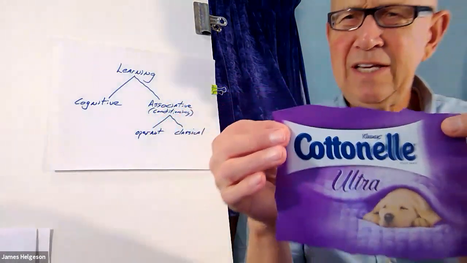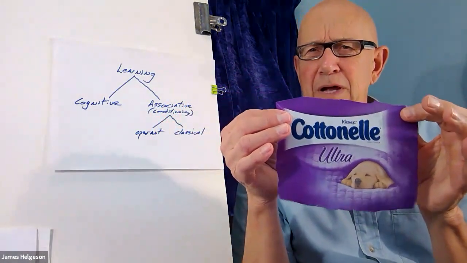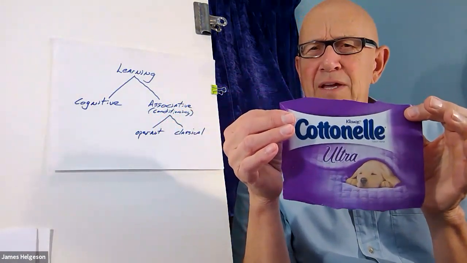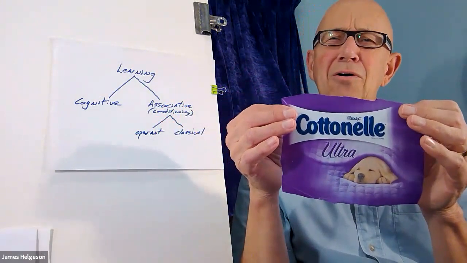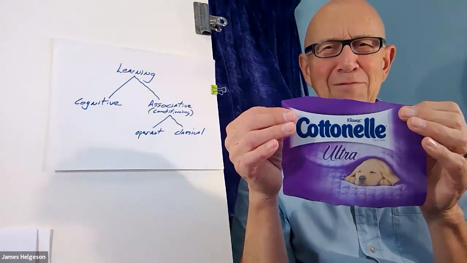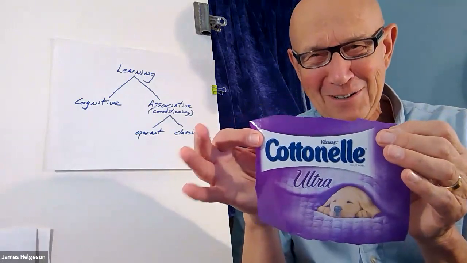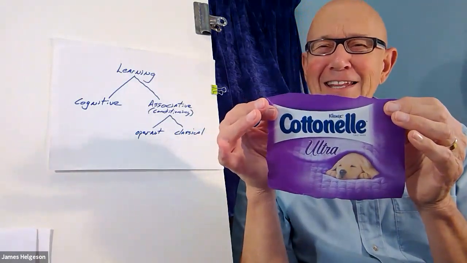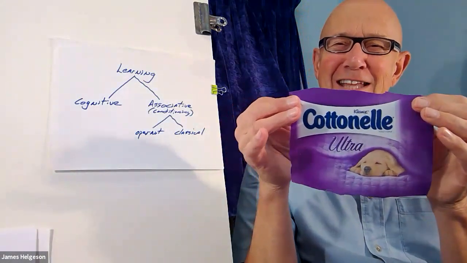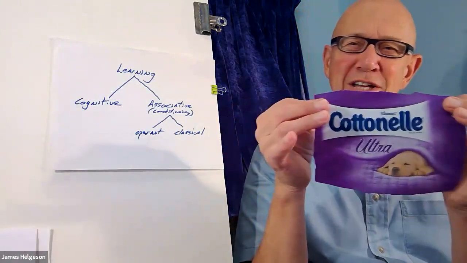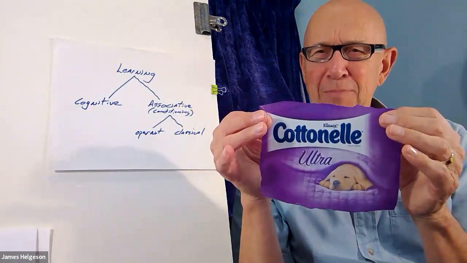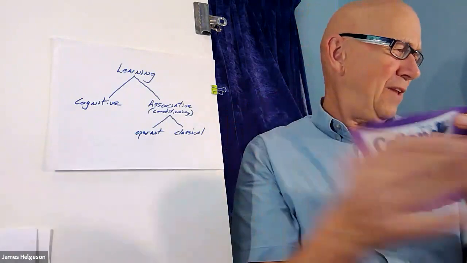Well, the puppy is the unconditioned stimulus, and the toilet paper is the conditioned stimulus. The puppy, what's the response? Oh, it's soft and fluffy. And the idea is that response gets transferred to the toilet paper.